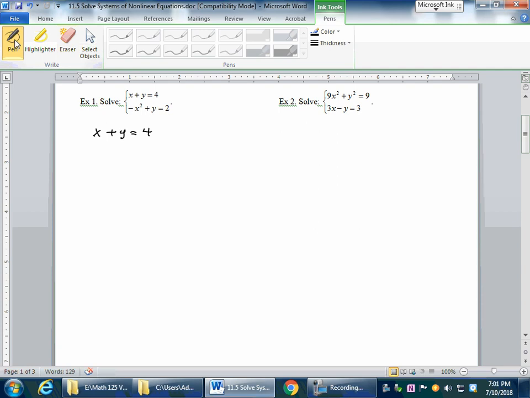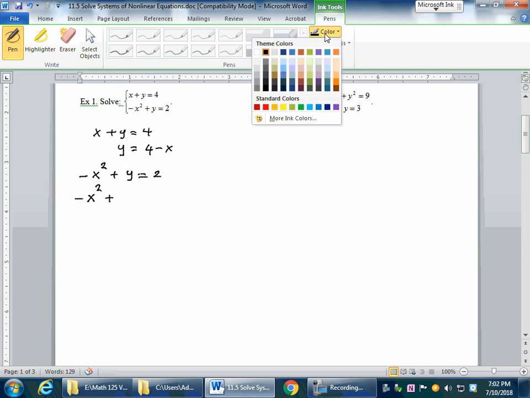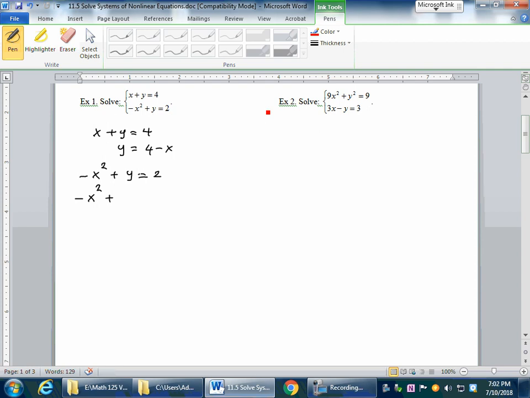Solving for y, that becomes y equals 4 minus x. Now we're going to substitute into the second equation, which is x squared plus y equals 2. Remember, you always copy down the original equation first before you do anything. Now I'm going to substitute y with 4 minus x, and that is equal to 2. Now rearrange a little bit because we are solving a quadratic equation.